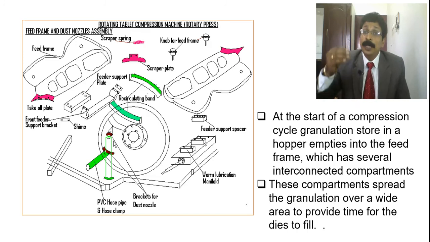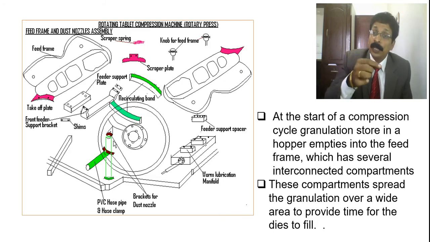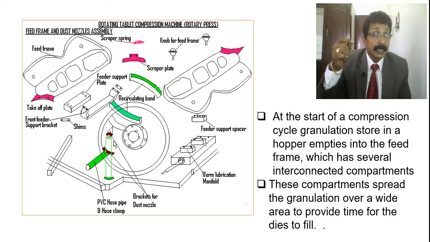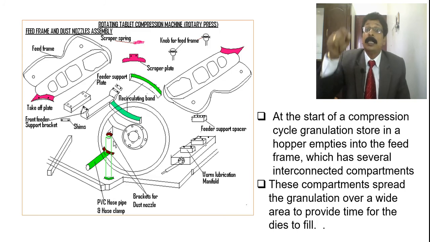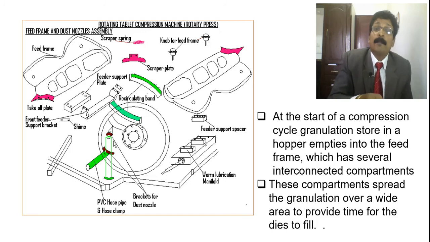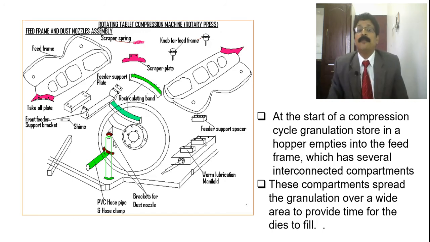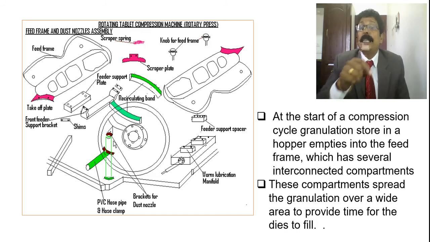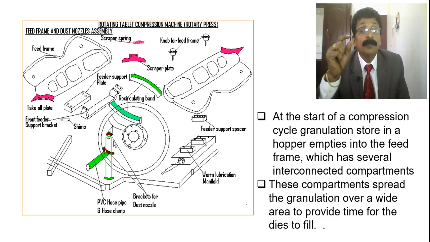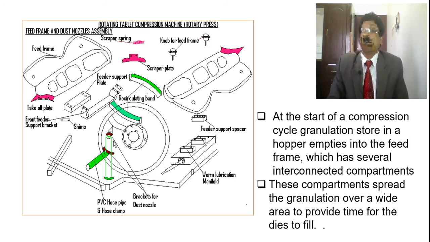So when you adjust that, uniformly the powder will move through the flow property, everything they will study, and they will put the granules in the hopper, and the hopper comes to the feed frame, and it will slowly move along the pathway given in the feed frame, and go and fill the die in such a way that the quantity is without any weight variation. You will get a very uniformly compressed tablet.